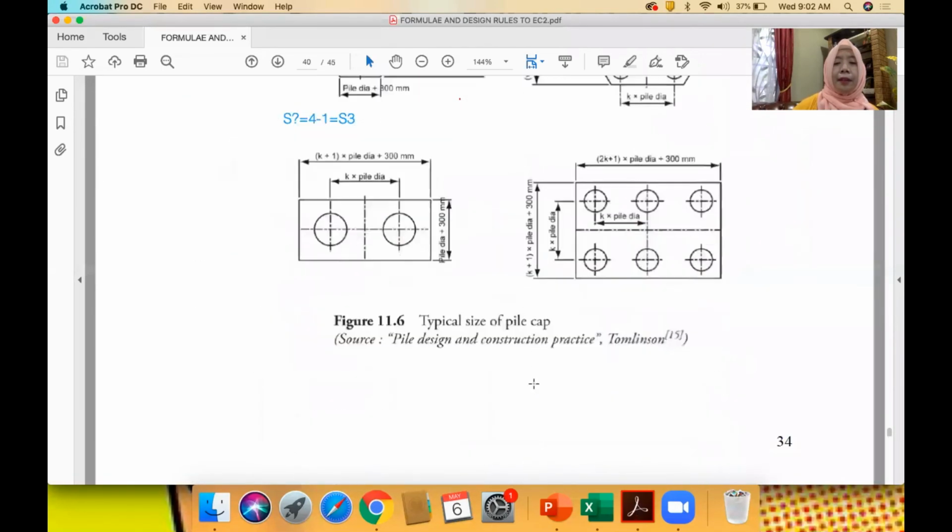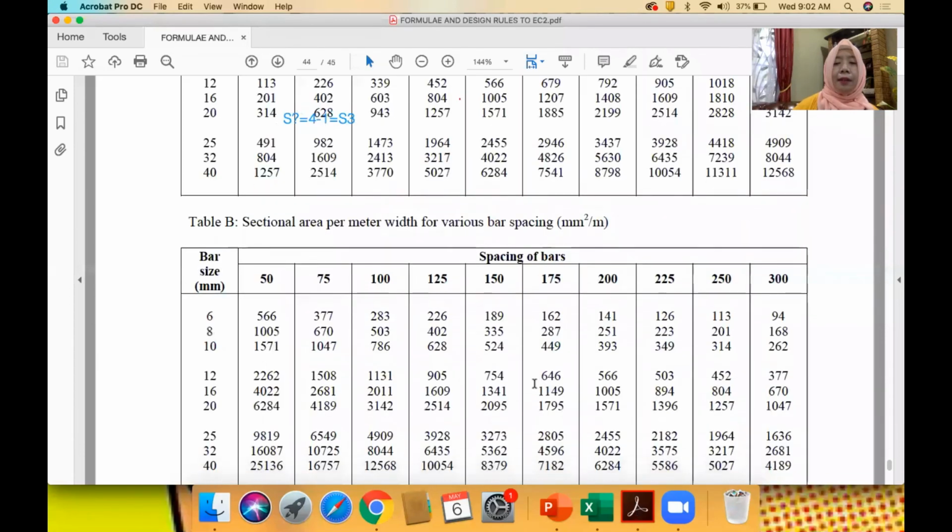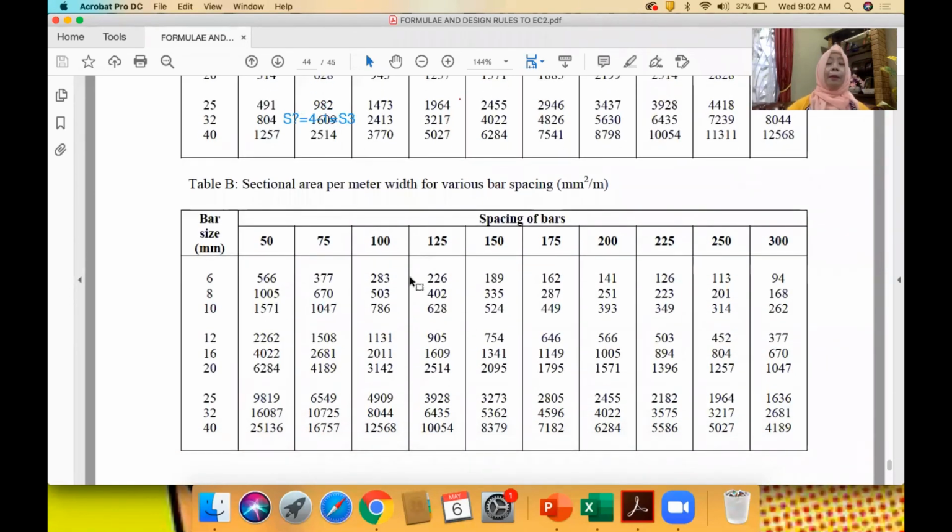Okay, now we have two tables. Look at table B: sectional area per meter width for various bar spacing. Look at here, millimeter square over meter. Okay, now we have 12 diameter.